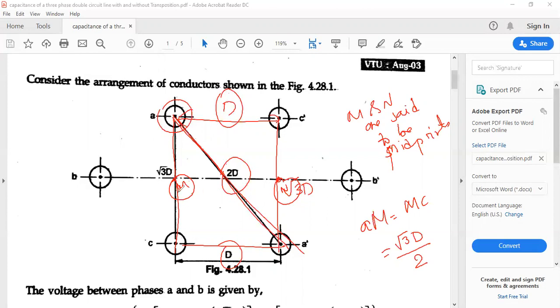So next, what do you want to find? You need to find the distance between B to B dash. A to A dash equals B to B dash equals C to C dash, which is equal to 2D.